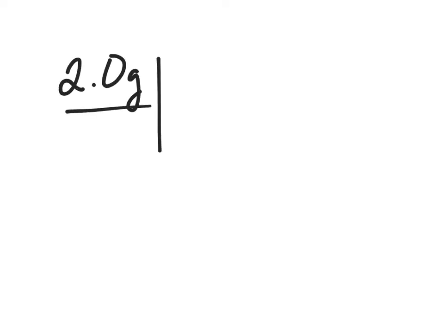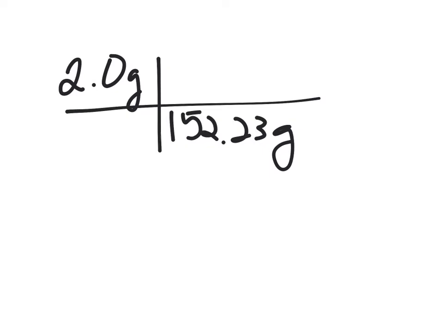So if we did that, we would say we want 2.0 grams of thujone, and for every 152.23 grams of thujone we have a mole's worth of those molecules. And my units of grams cancel out. So you could do that calculation, or you could write down how many moles and then do the next step separately, or you could just keep going.